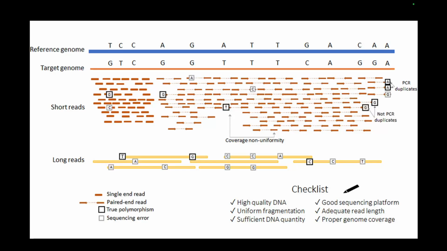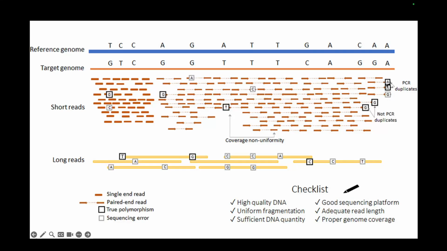Say, for example, this on the right is a PCR duplicate. You have the same read, but here it is depicted as two reads, though it's actually the same read which has been duplicated. So there appear to be two reads supporting that there is an A here, and one read supporting there is a G here.